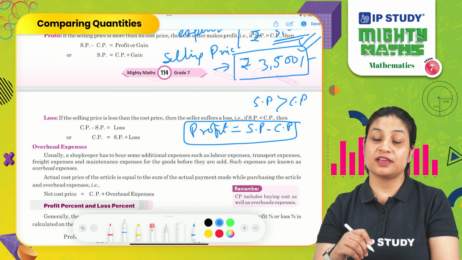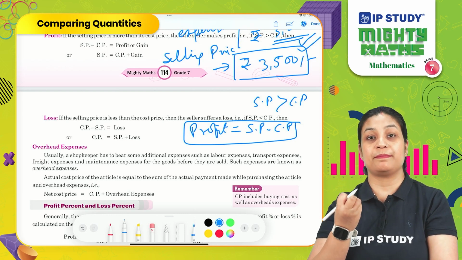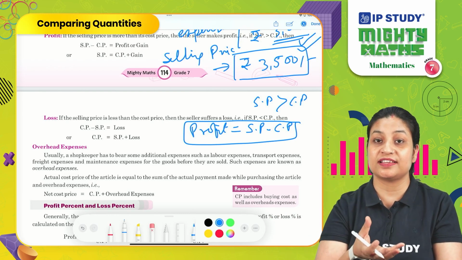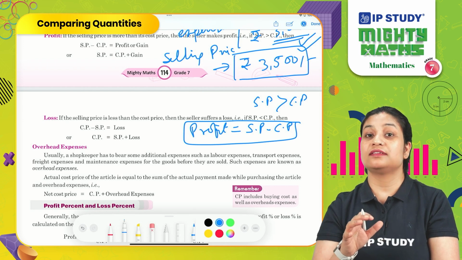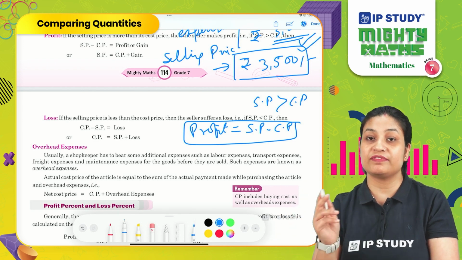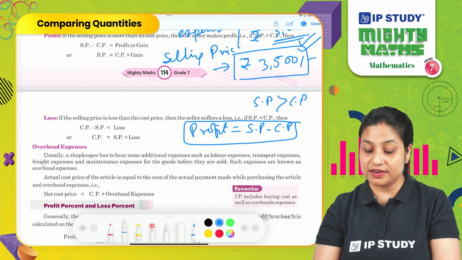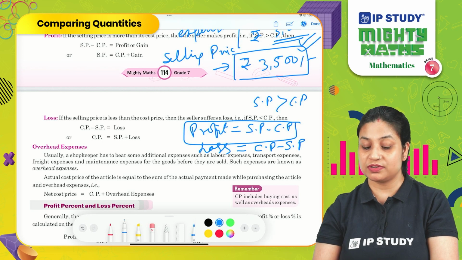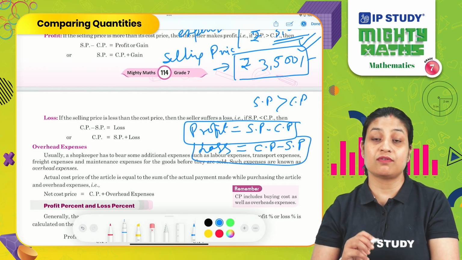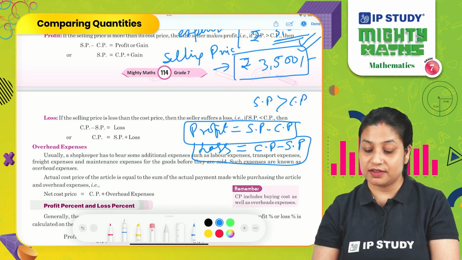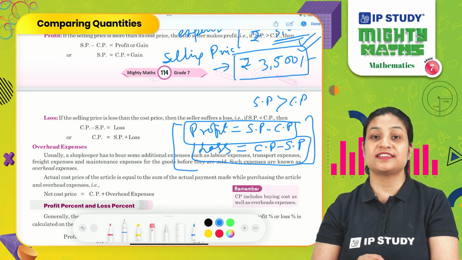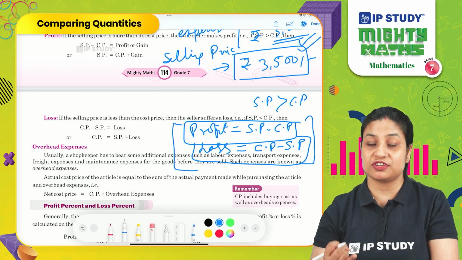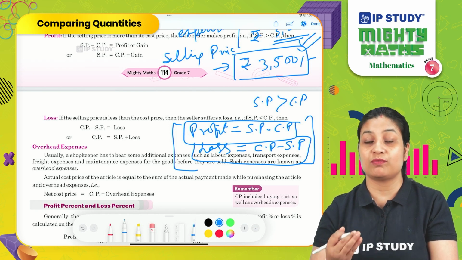In that case he was buying that bicycle at a higher price and selling it at a lower price. So here the SP is less than CP, so we call it a loss for him, right? So what is loss? Loss is CP minus SP, because in case of loss, cost price is greater than selling price. So I hope you have understood this example and understood the meaning of what is cost price, what is selling price, what is profit and what is loss.